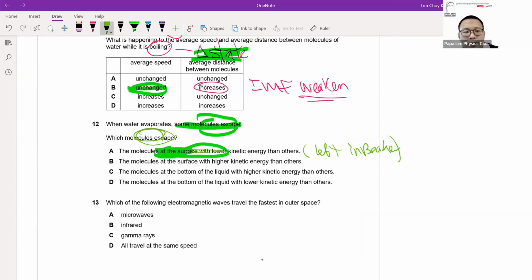The molecules that escaped are the layer of molecules which have higher kinetic energy as compared to the rest. Thus, you need to know the general properties of the different states and their respective properties, when you look at transfer of thermal energy, and pack it together with your thermal properties.